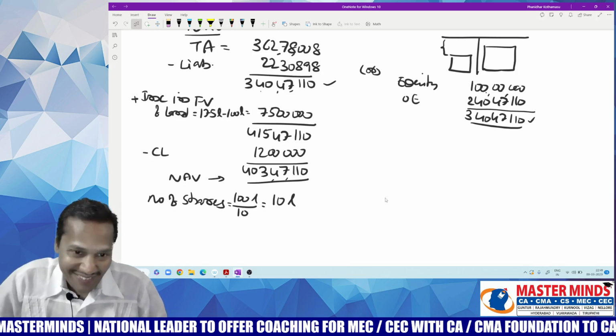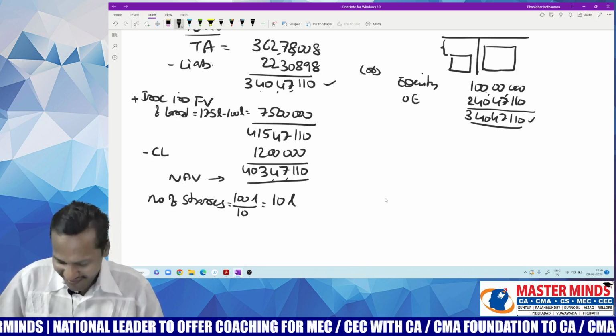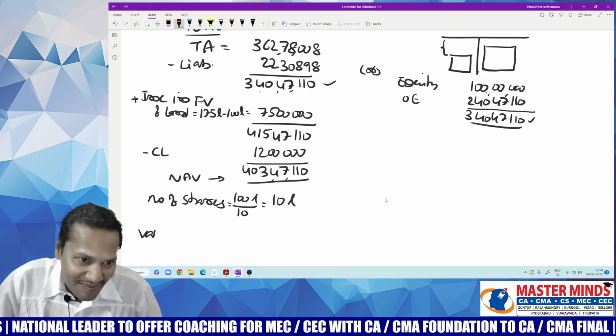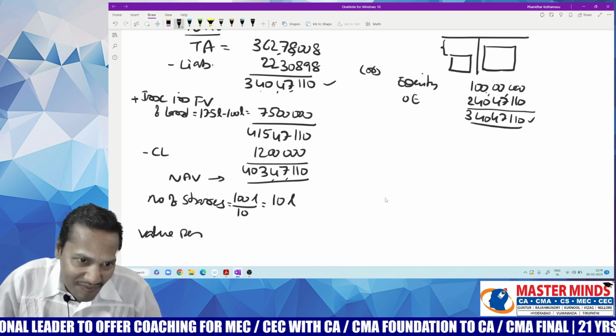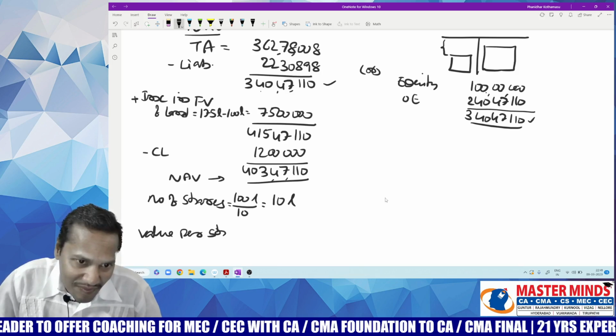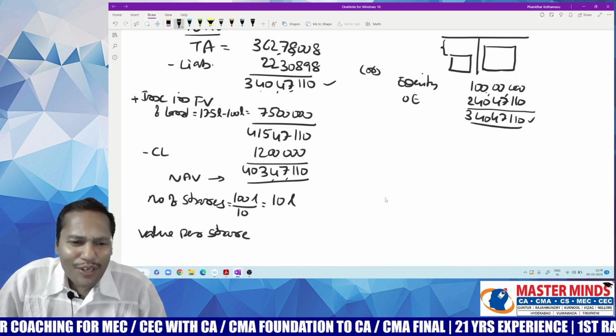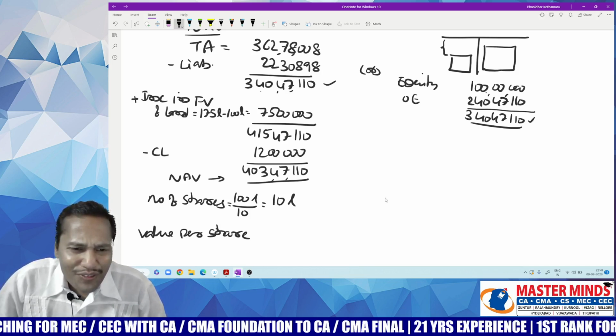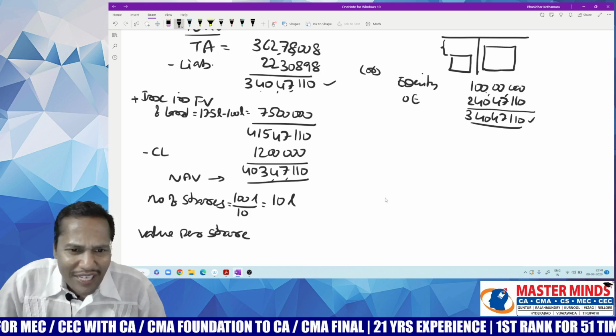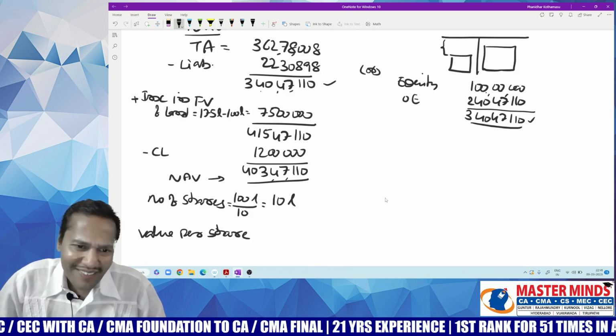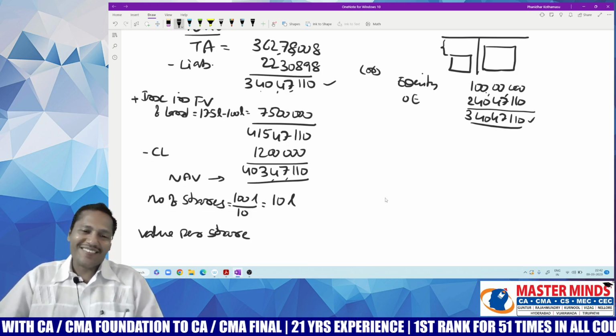Then value per share: 4 crore 3 lakh 47,110 against 10 lakh shares.